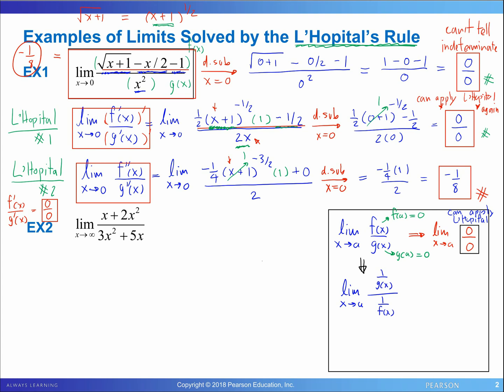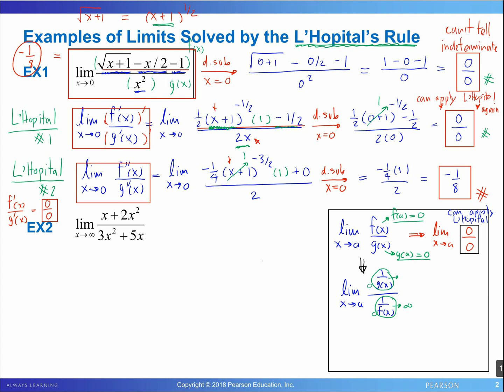Since the function value of f at a is equal to 0 up here, it means that down here we have 1 divided by 0. So this is going to go to infinity. And same thing with g. The function value of g at a is equal to 0, which means that over here we have 1 divided by 0.